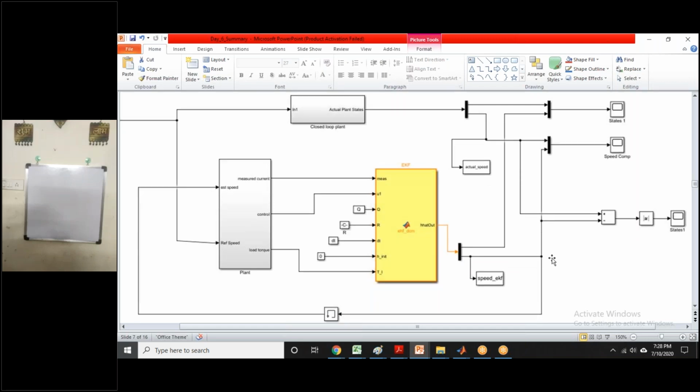The estimated speed, whatever the estimation has been done, that I have given for the speed. I assume that speed sensors are not there, but my desired specification is that my speed error should go to 0. That means I should have a speed sensor, but I don't have the speed sensor. I only have the current sensor. So based upon the current sensor, I estimated the speed value, and the same reference is going to the closed loop plant.